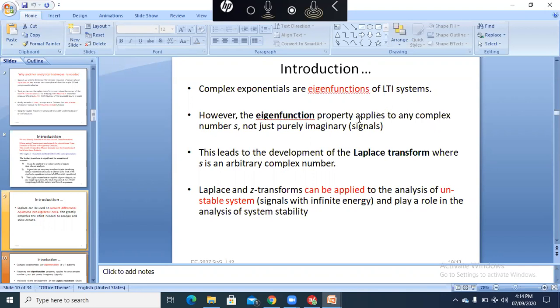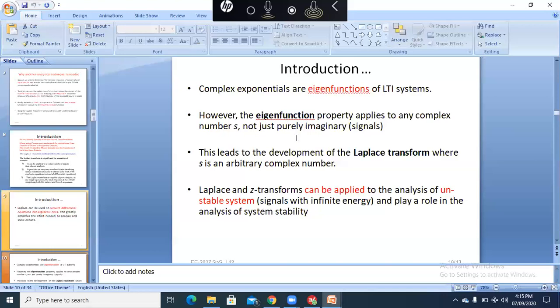The eigenfunction property applies to any complex number s, along with purely imaginary signals. So whether the signals are purely imaginary or complex, in both cases we use the eigenfunction property.